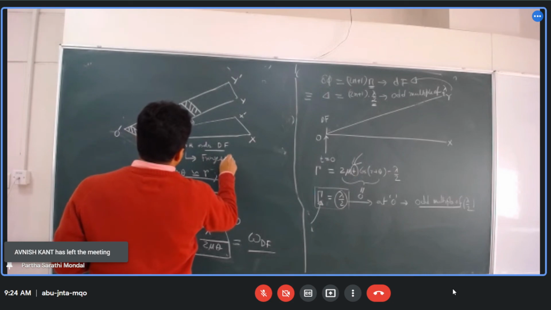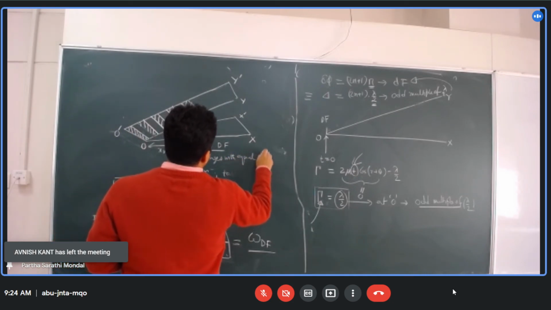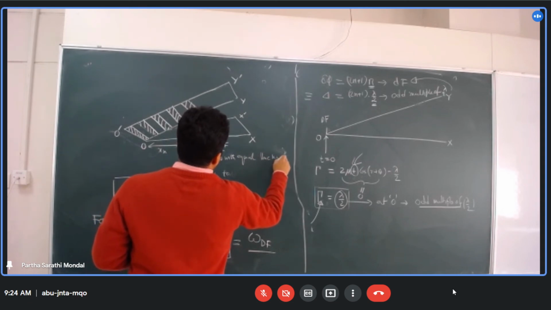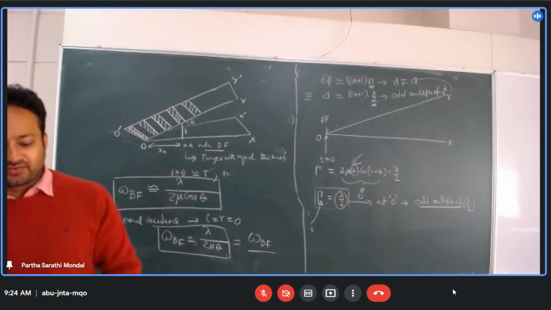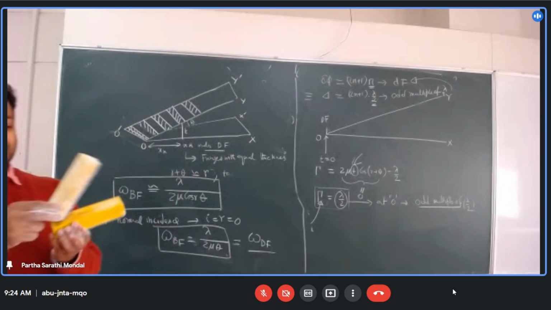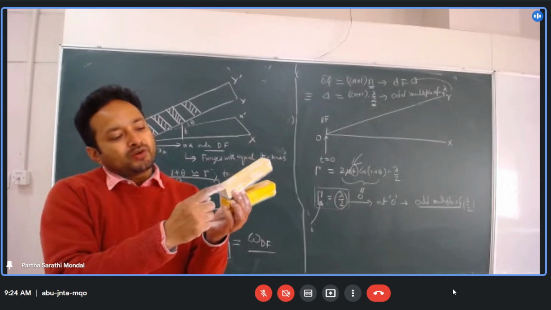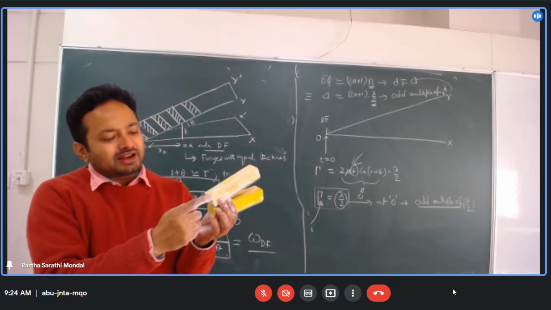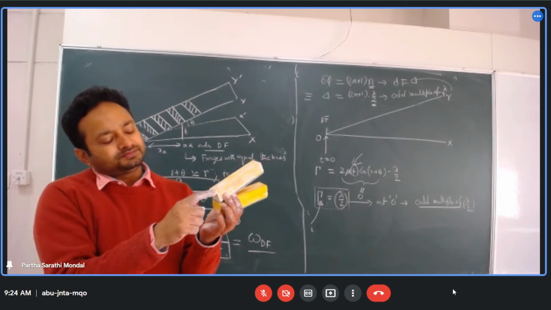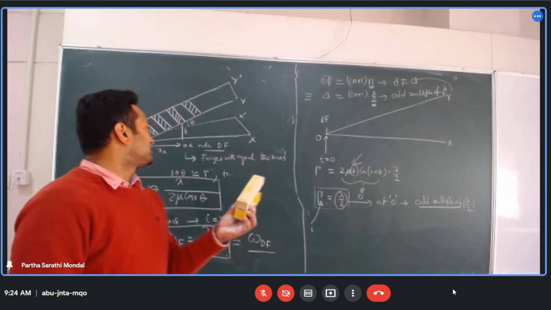Fringes with equal thickness. So now suppose I take this first dark fringe, which is situated here, on the top of the surface. If I move from here to here, O to O dot, that means you are moving along the line where thickness is 0, which is constant.